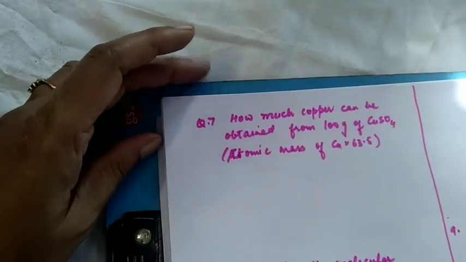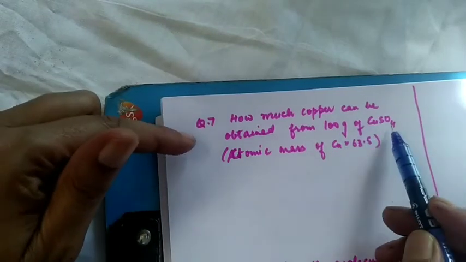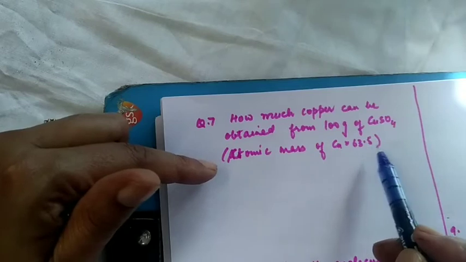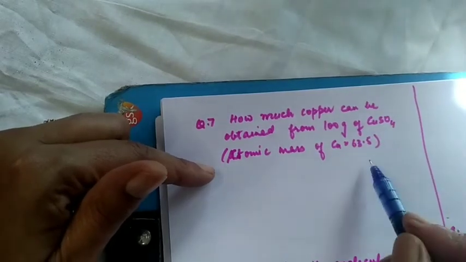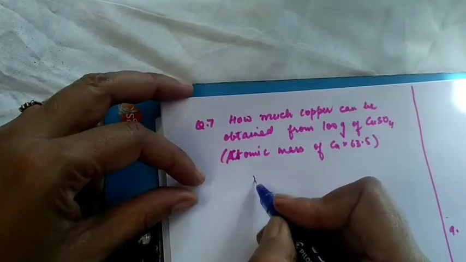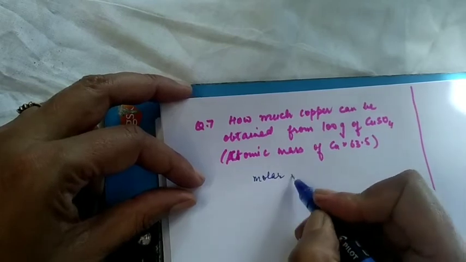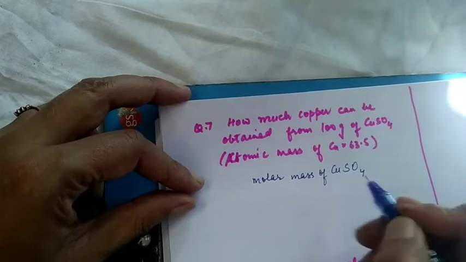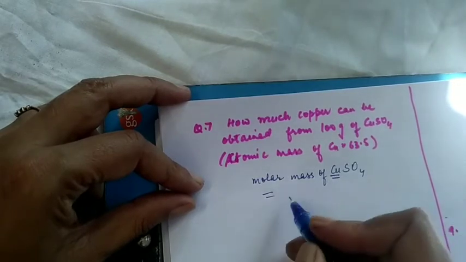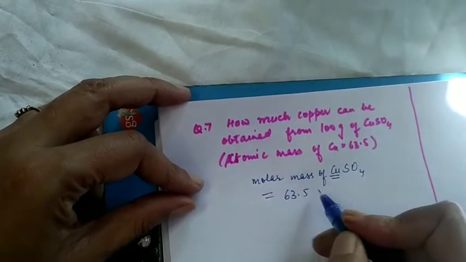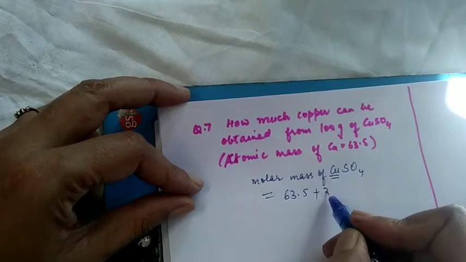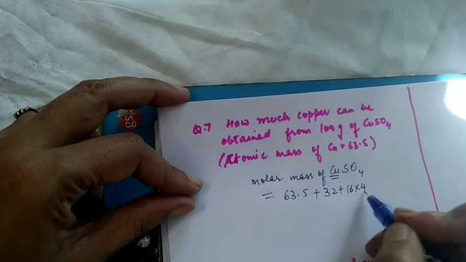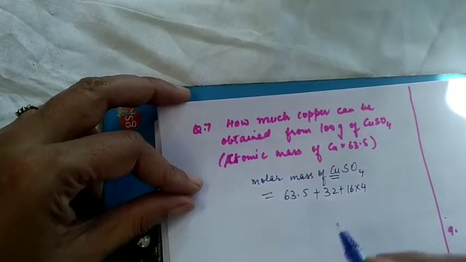How much copper can be obtained from 100 gram of copper sulfate? Atomic mass of copper is 63.5 grams. Let us find the molar mass of copper sulfate. 63.5 copper plus 32 sulfur plus 16 into 4 oxygen.